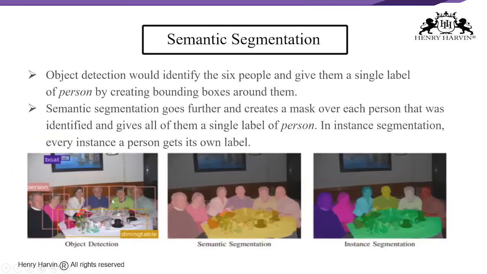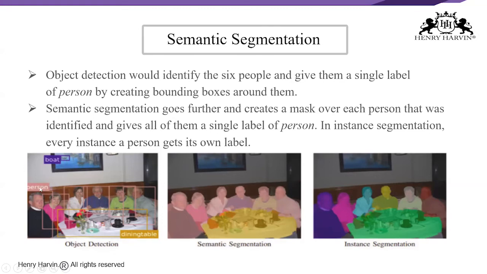Now let us look into these 3 pictures. The first one is about object detection. The second one is semantic segmentation. The third one is instance segmentation. In object detection, you can see a bounding box. Can you see that there are several bounding boxes?